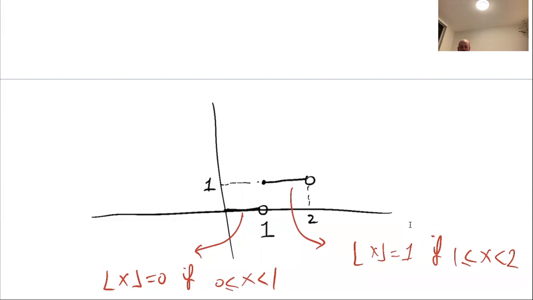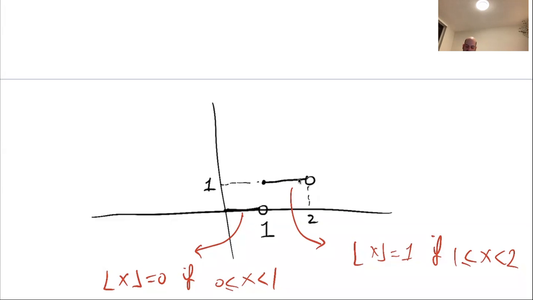Now, which part is filled, which one I have blank hole? But I have to be careful about boundary points. At 0 itself, the output is 0. So that's why here you can see the filled point. But at x equals 1, the output is not 0 anymore, it's 1. So that's why I have a blank hole here and a filled point here. Similarly at 2, again, the output is not 1 anymore.